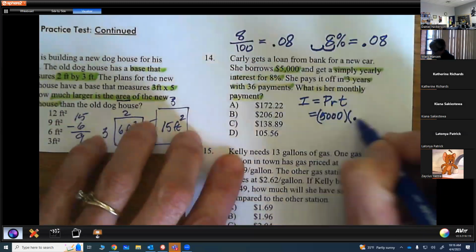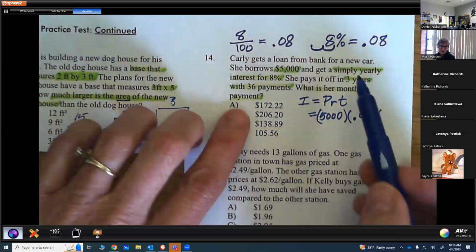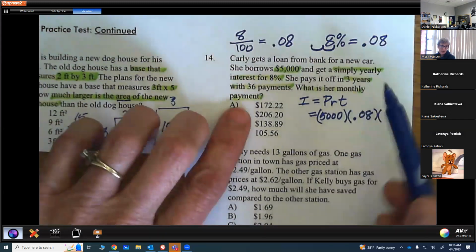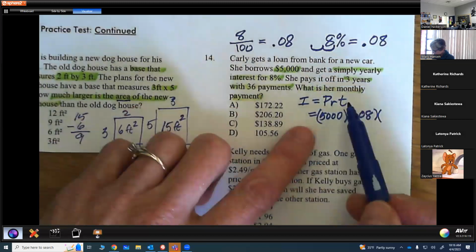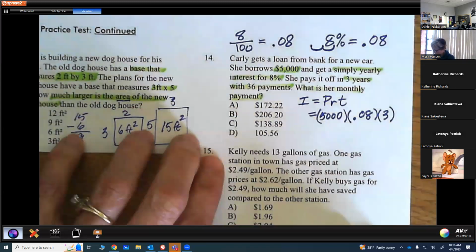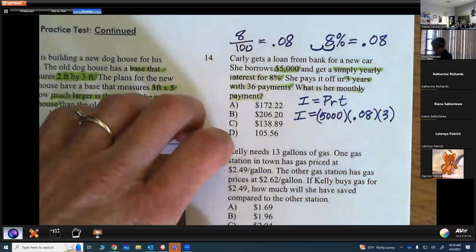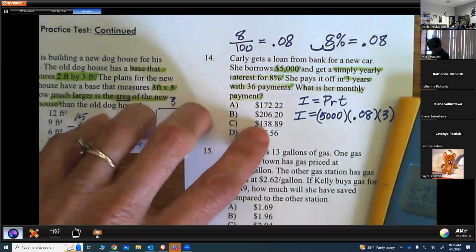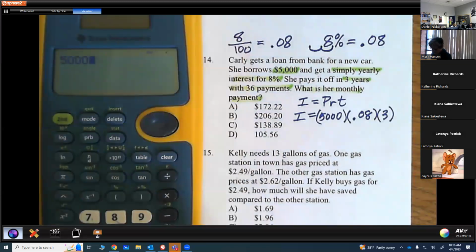So we're going to multiply that times the rate and times the time. And that's where you have to distinguish between the 3 years and the 36 payments. This formula uses time in years. And so we would use 3. And so to find our interest, we end up multiplying 5,000 times 0.08 times 3.